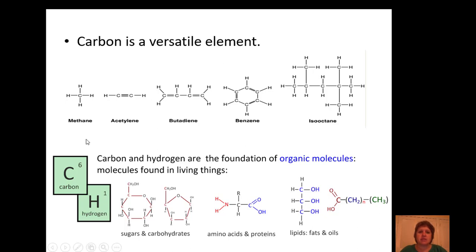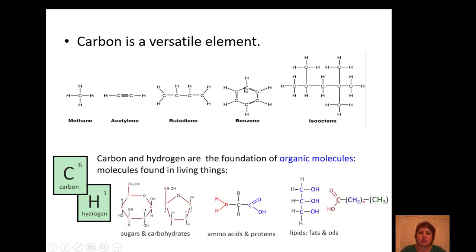Here you can see the versatility of carbon. We can have just a hydrogen shell around the carbon, such as in methane. We can have a linear structure where you have a triple bond between two carbons and then a single hydrogen on each end. You can have another linear structure but with more hydrogens.